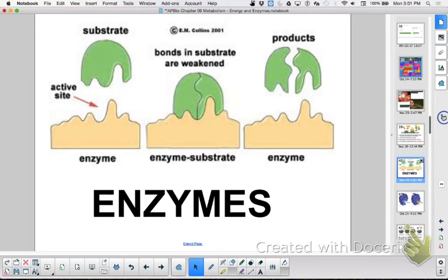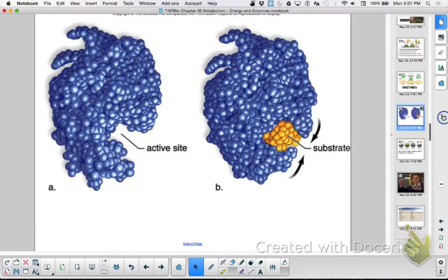What's that hypothesis when it changes its shape to get a better bind? Induced fit. The induced fit hypothesis, where it changes slightly, and as a result you have your product. Now, this is a reaction where you're breaking something down, right? And here's some induced fit.